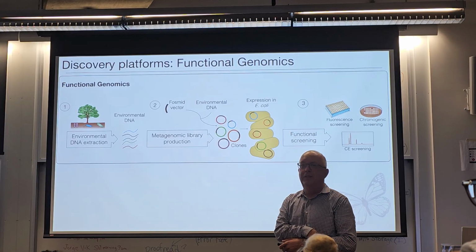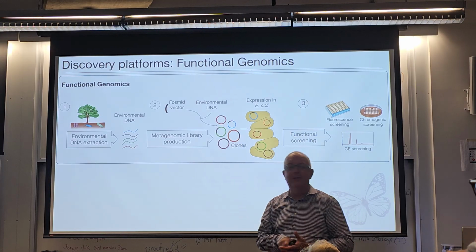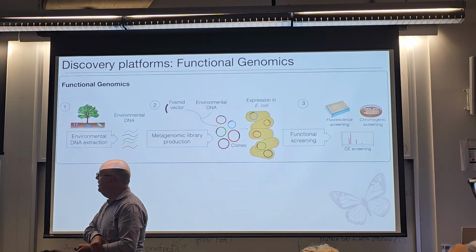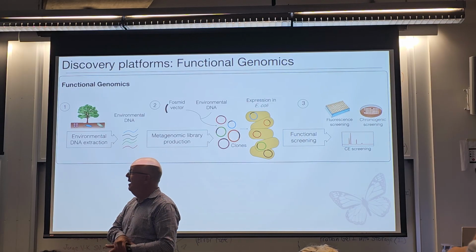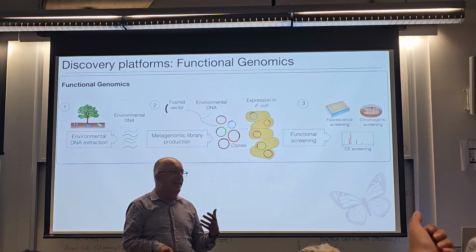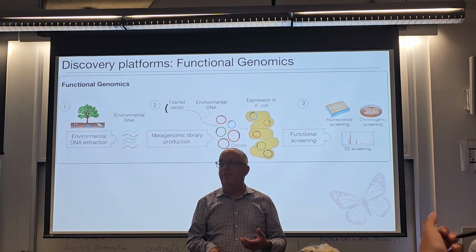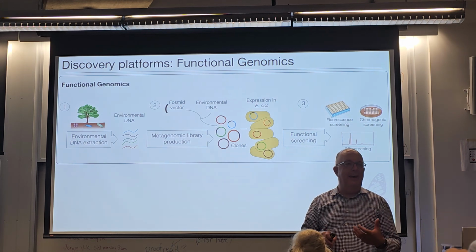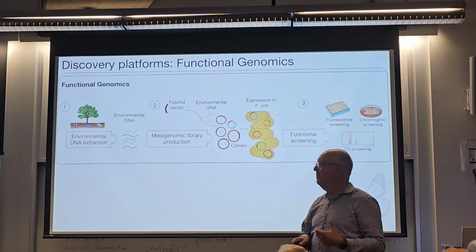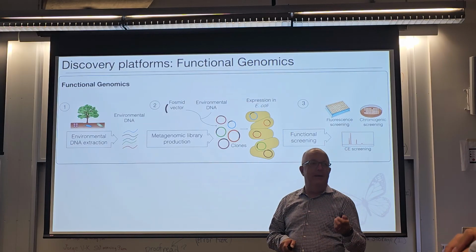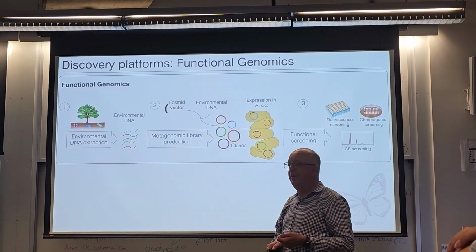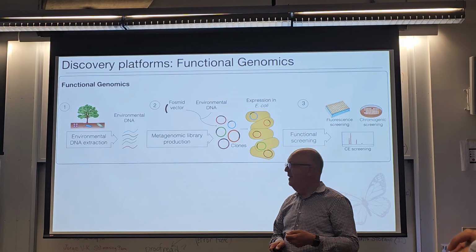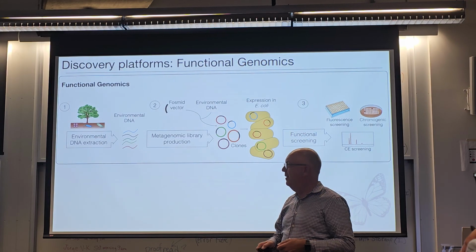Okay. So there are a couple different platforms that we use to discover enzymes. One is called functional genomics. Really this is the idea that in every scoop of dirt, in every drop of water, there are microbes and organisms living in that specialized environment. If you scoop up a teaspoonful of dirt, there are millions of microbes and fungi in that sample of dirt.